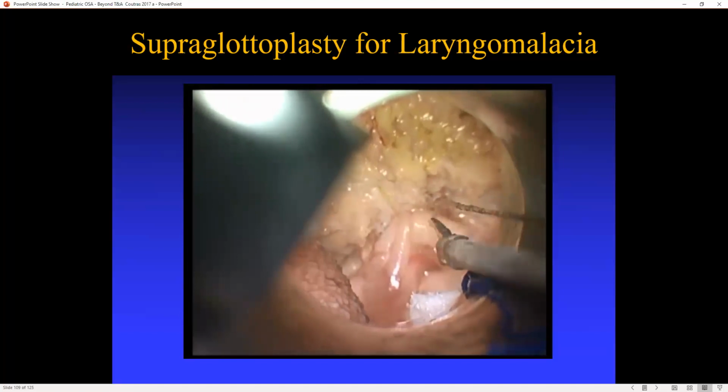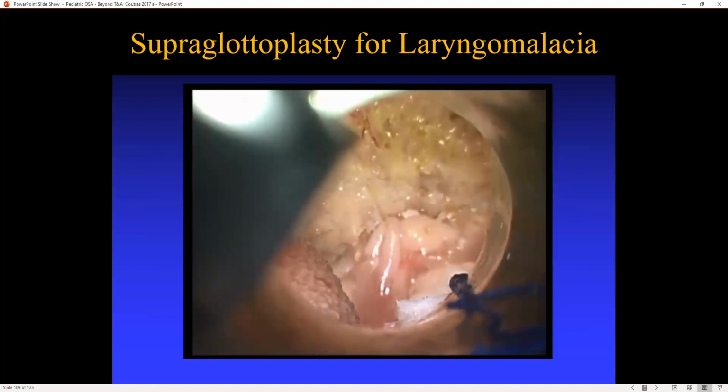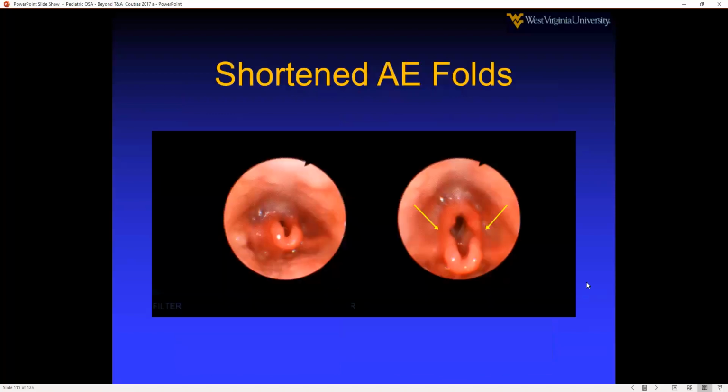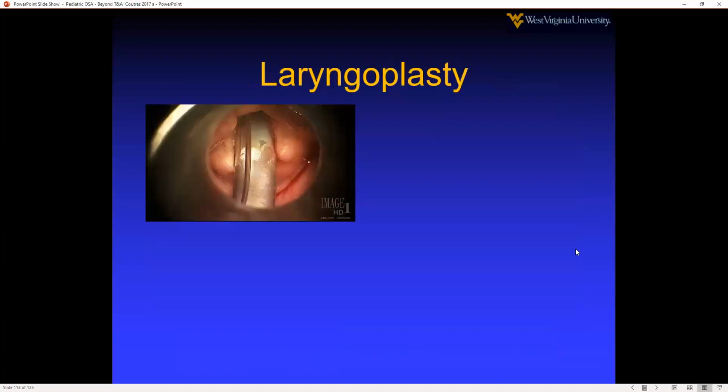And I have a little epi pledget sitting down there when the AE folds were incised. And then laryngoplasty, just showing that some of the arytenoids are trimmed off here, and then up at the top where it was curved, trimming some of that off as well. Shortened folds, and then incising them.